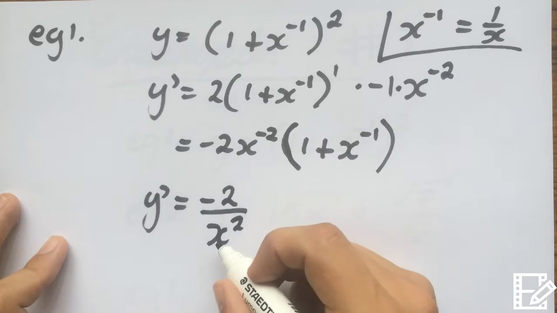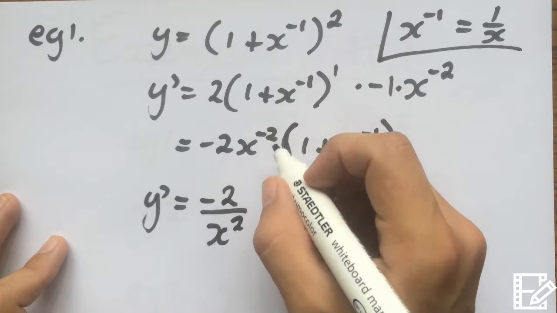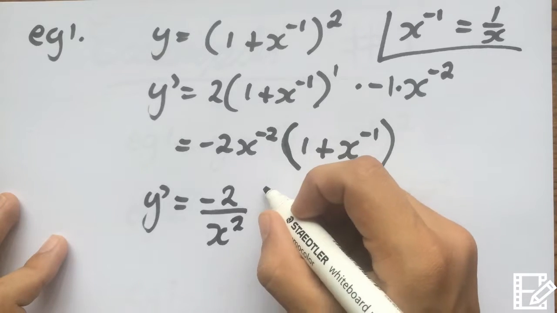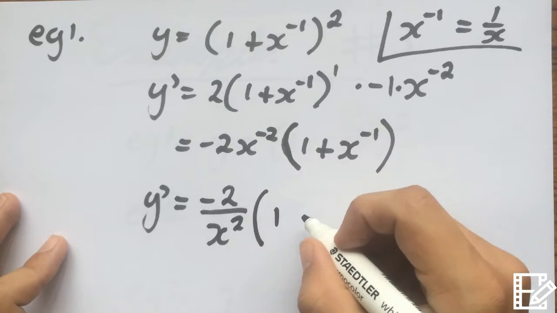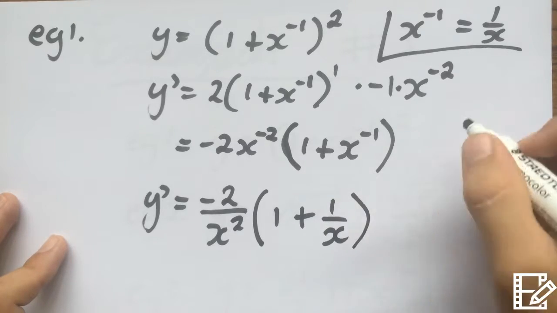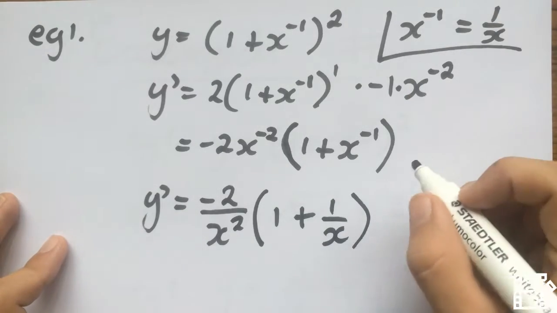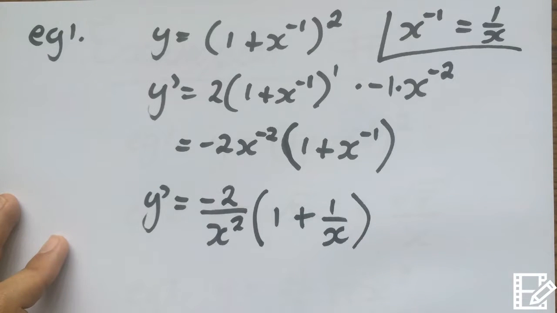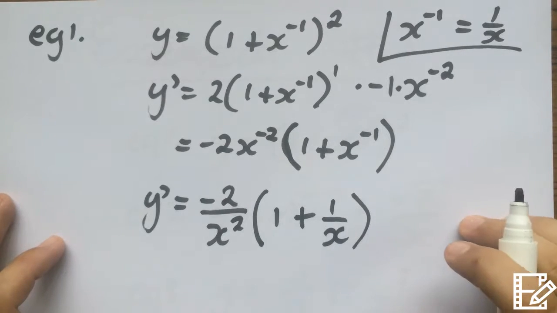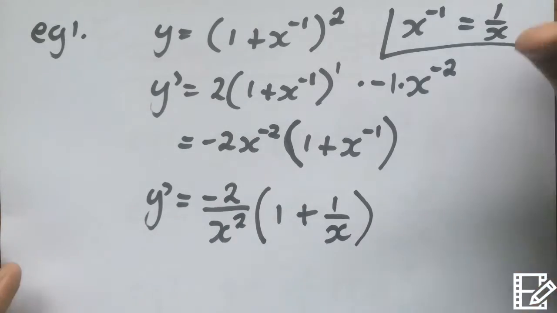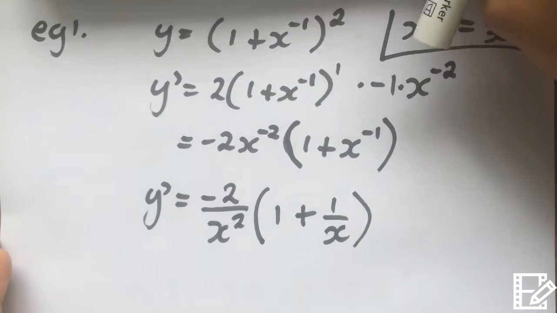So I bring the x to the power of negative 2 on the bottom, which turns it into an x to the power of 2. And I multiply it to the brackets, just keep it the same, 1 plus 1 over x, because x to the power of negative 1 is 1 over x. And that's it. That's pretty simplified. So, well, as simplified as you should need it. So I'm going to leave it there and do the next example.